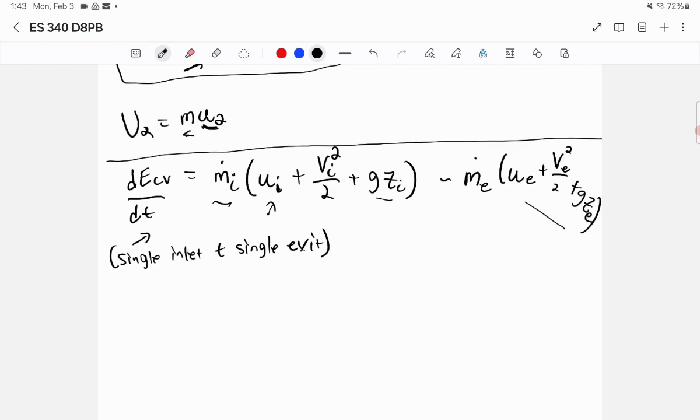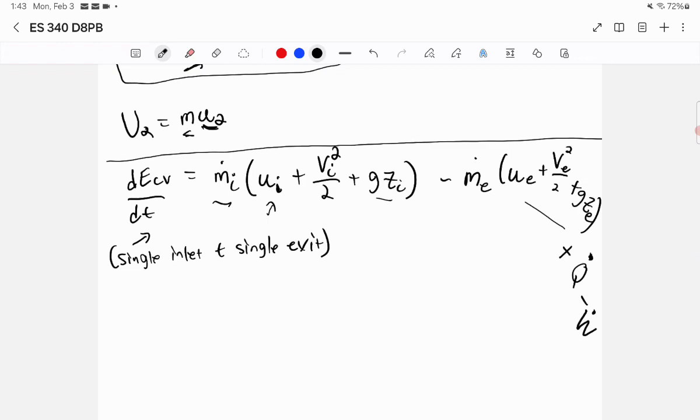So this is a single inlet, single exit version of the energy change rate in a control volume. Obviously that would be equal to, sorry, plus Q dot minus W dot.